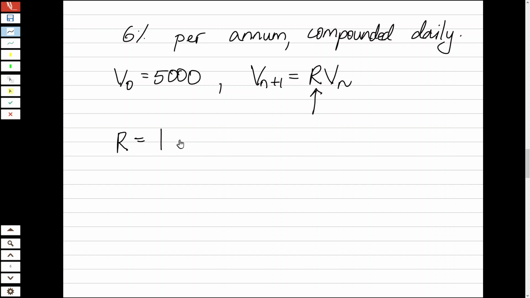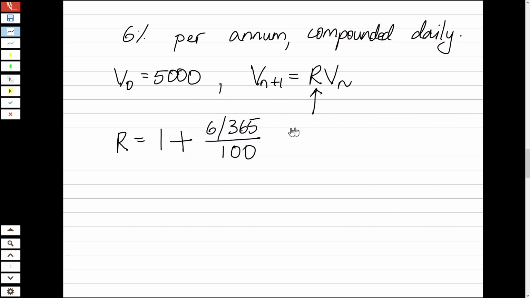So I'm going to define R equals 6 divided by 365 divided by 100. Yes, this is just the way they calculate it. So it makes it simpler. So don't worry about leap years.